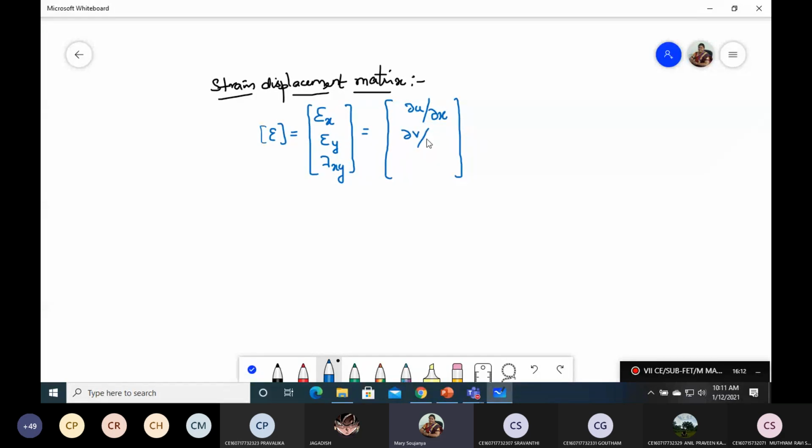Epsilon y is dou v by dou y, and gamma xy is dou u by dou y plus dou v by dou x. Please verify from your unit 2 notes if you don't remember this. That is the basic. Unit 2 will become the basic concepts that you have to remember, so that we can analyze any kind of problems in the coming units.